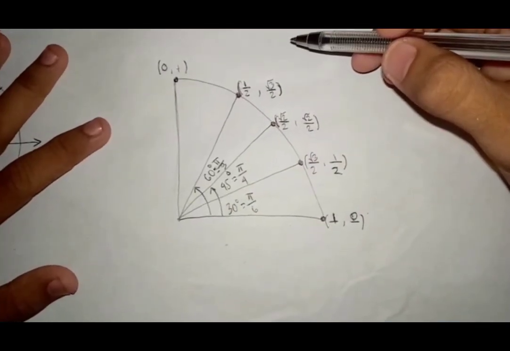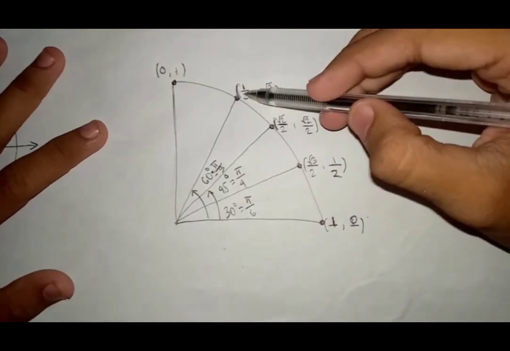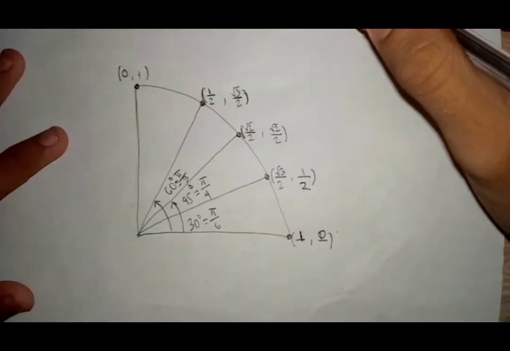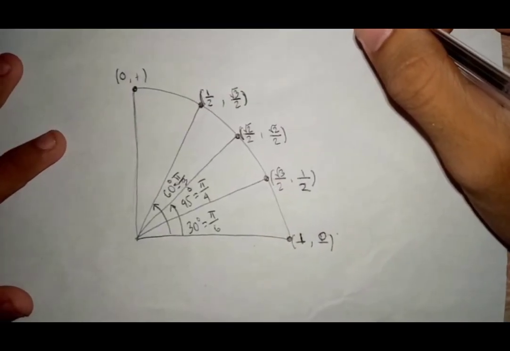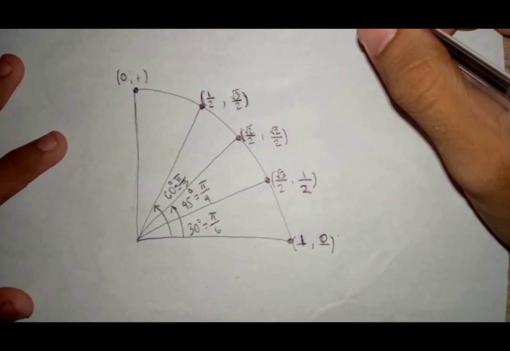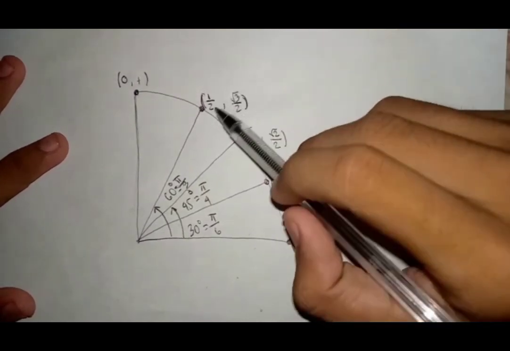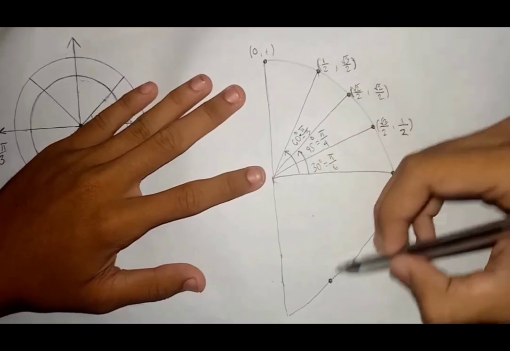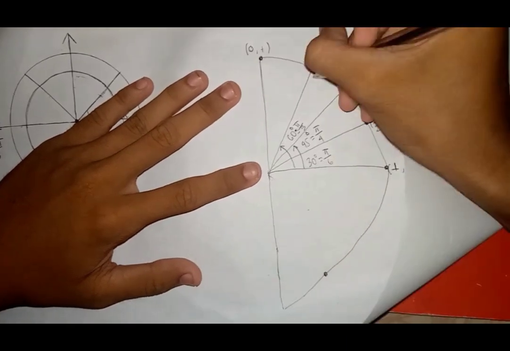Each of these points is rational with x and y. The denominator of all the points is to do the solve. This is the opposite of this angle.